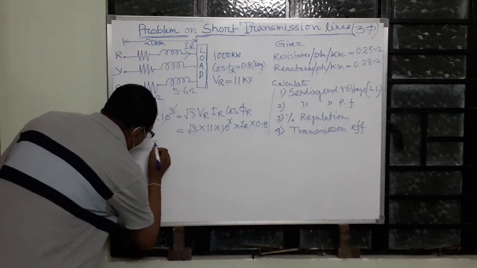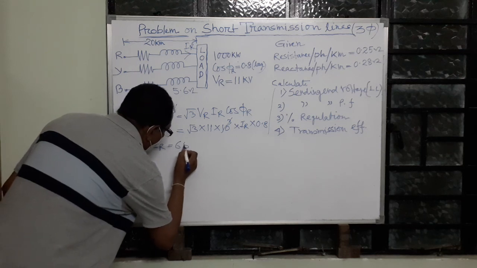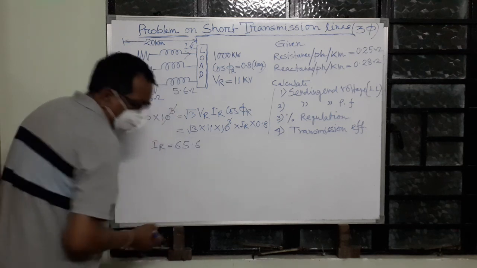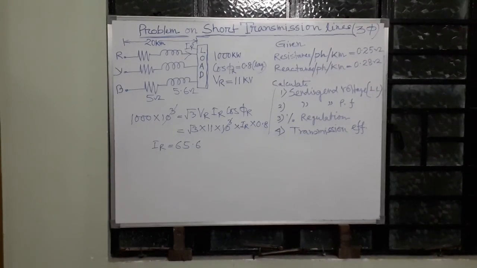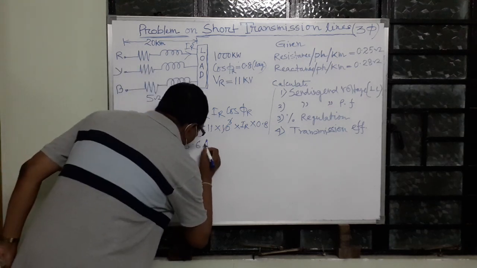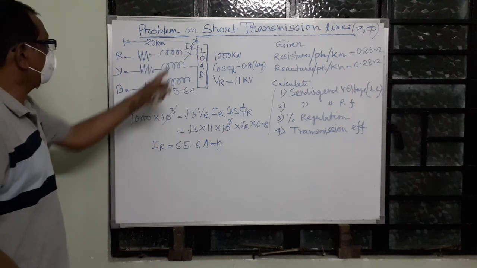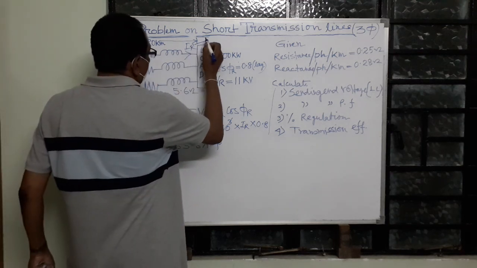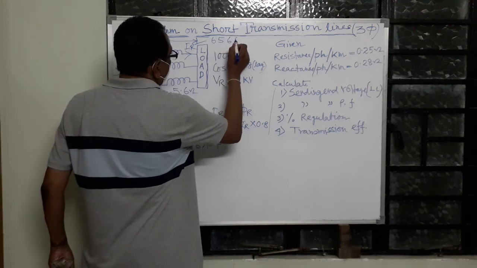So IR is equal to 65.6 ampere. So this current is 65.6 ampere.